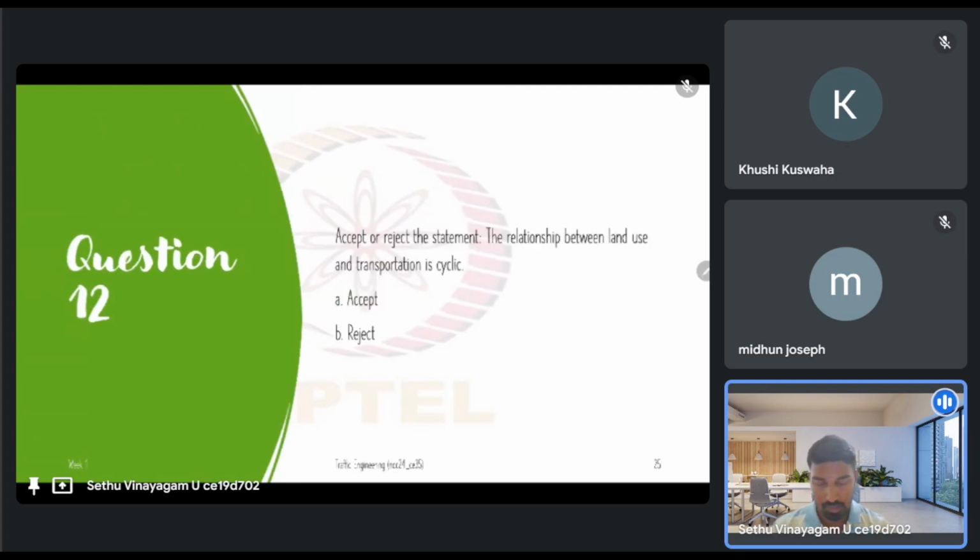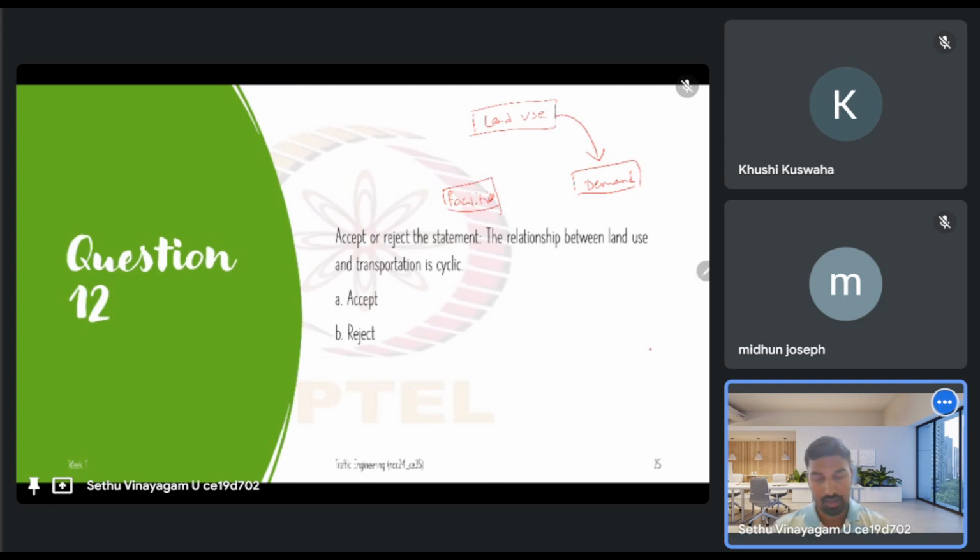You might remember this figure from the lecture. We have the land use, then we have the demand, which is transport demand, and then we have the facilities. All these three are interlinked. In what way? Land use will affect the transportation demand. As I said earlier, the separation of different land uses and activities is what creates the transport demand.